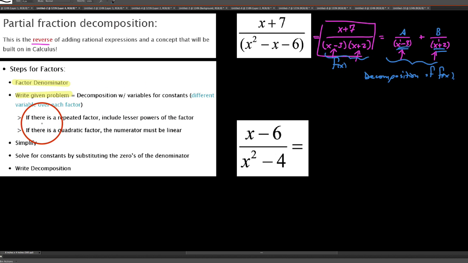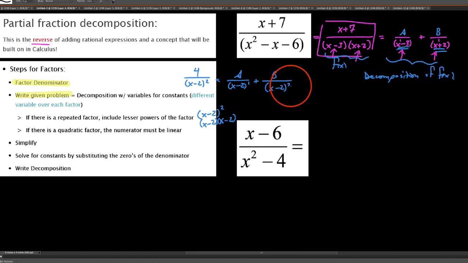Okay. So things of note, we say if there is a repeated factor, include lesser powers of the factor. So what we mean by this is if we had something like x minus 2 squared, this would be the same thing as x minus 2, x minus 2. So this factor was repeated twice. So if we ever have something like 4 over x minus 2 squared, when we rewrite this, we will rewrite this as a over x minus 2 to the first plus b over x minus 2 to the second.